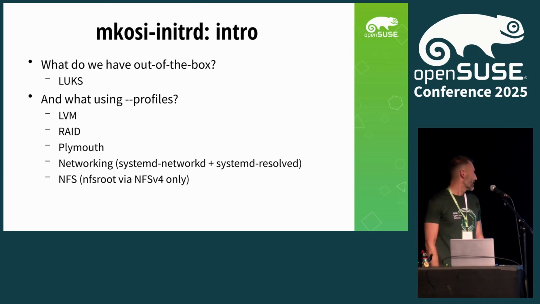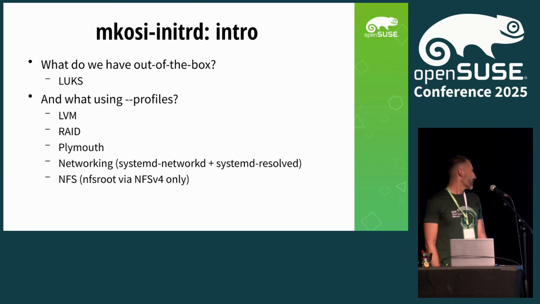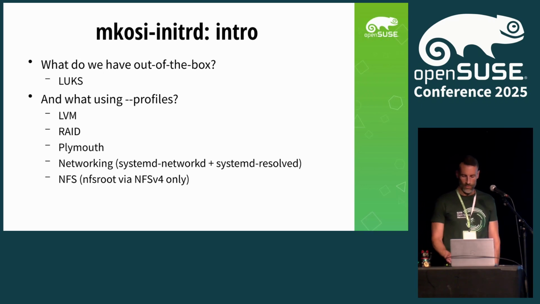Upstream, we have right now LVM, RAID, Plymouth, and networking using the systemd stack, and NFS, using NFS root, NFSv4 only for now. The two last profiles are being developed right now.